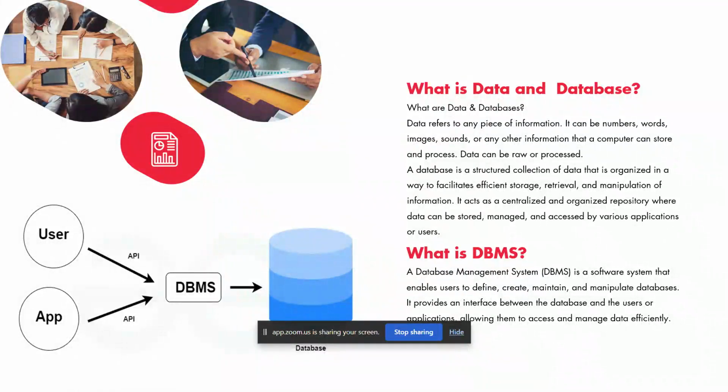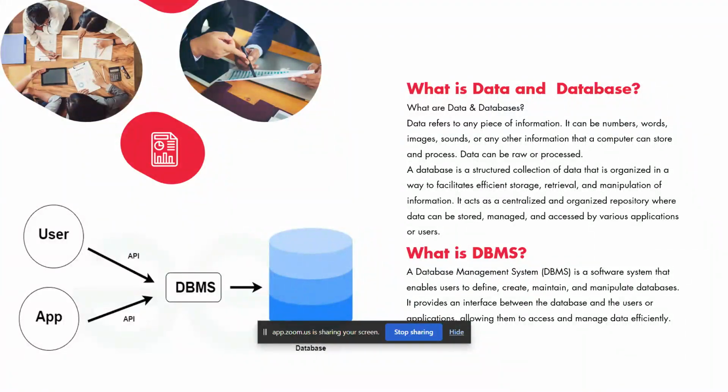Now, what is a database? A database is a collection of data that is organized in a way to facilitate an efficient and reliable way of manipulating that information. That is, in a database they are organized, and that's the first thing.